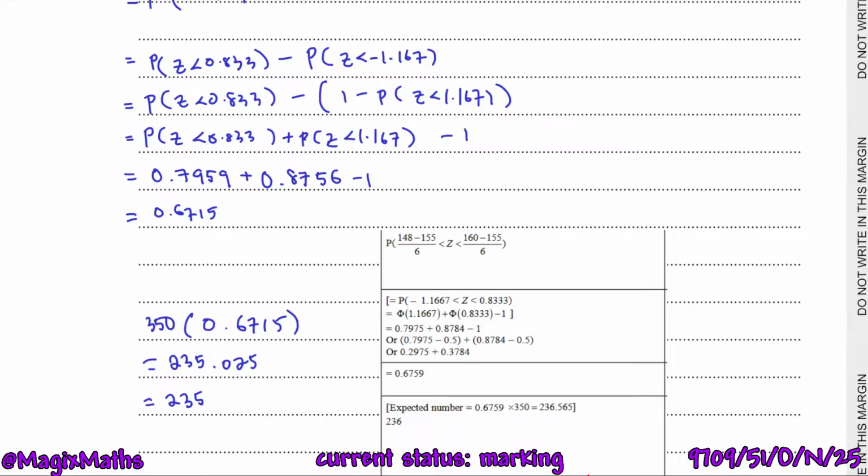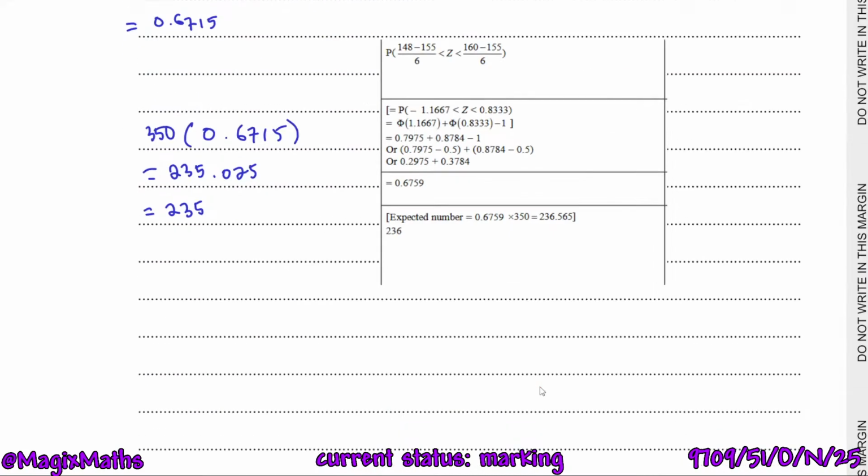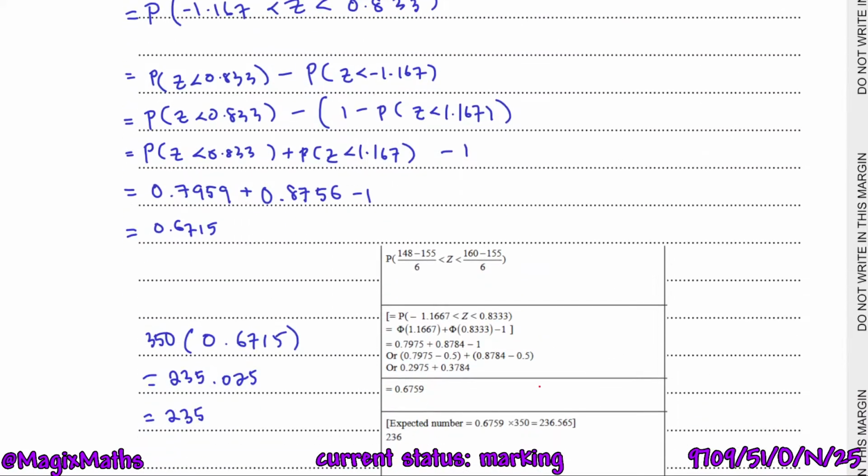Wait, oh, no. Okay, so for my 1.111667 should be 8756 and they got 8784. Wait, I genuinely don't understand this. I mean, I almost got the exact value.